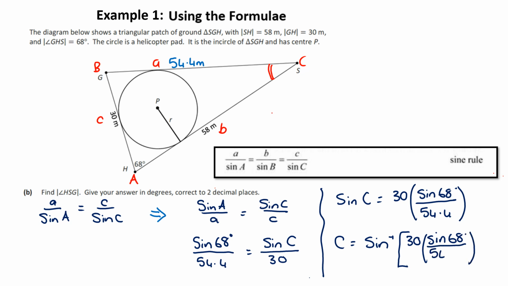Some people would prefer to have decimals rather than what I have here. That's absolutely fine, but this is going to be the most accurate. We want this correct to two decimal places. So when we put this into the calculator, we get 30.75 degrees.